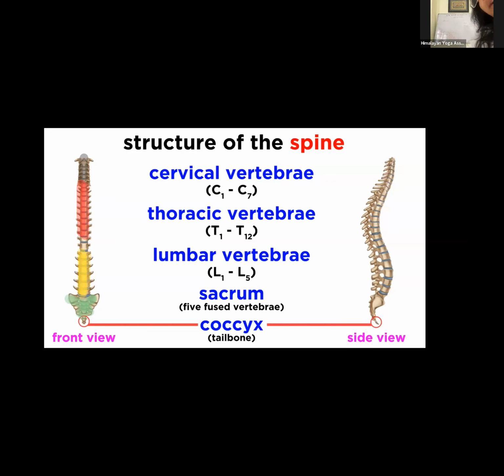Okay, so this is the front view and this is the side view. So you see, the spinal cord is not straight, it is an S-like structure.